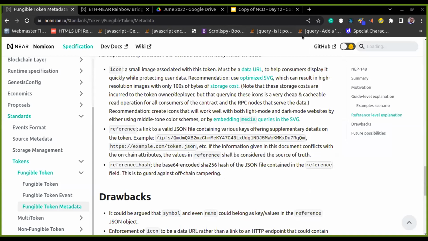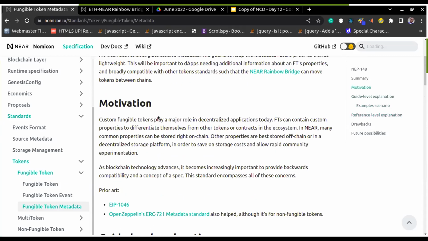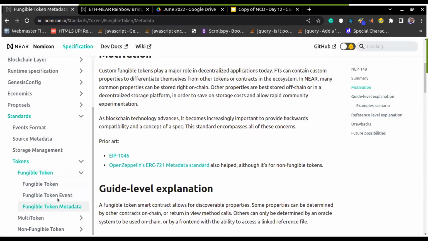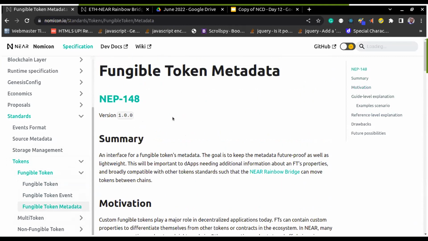So that is it about the theory behind a fungible token smart contract. We also have multi-token and non-fungible token smart contracts, which you can read on your own. Unfortunately, we won't be covering these in this course.